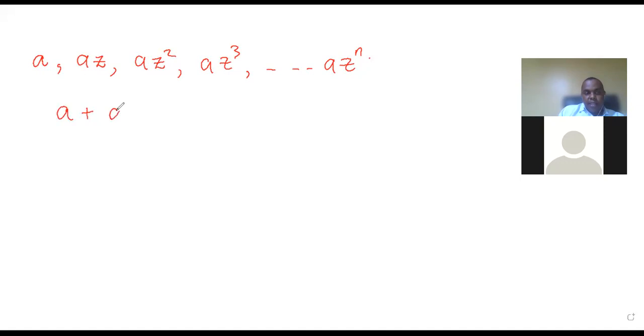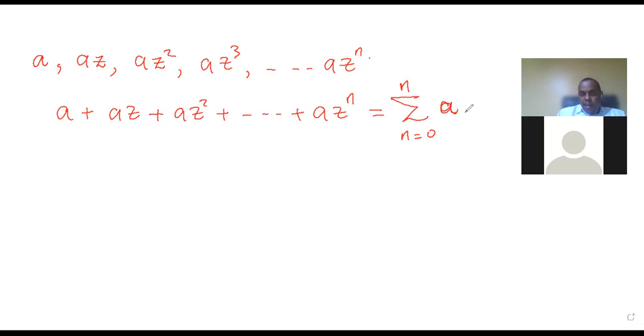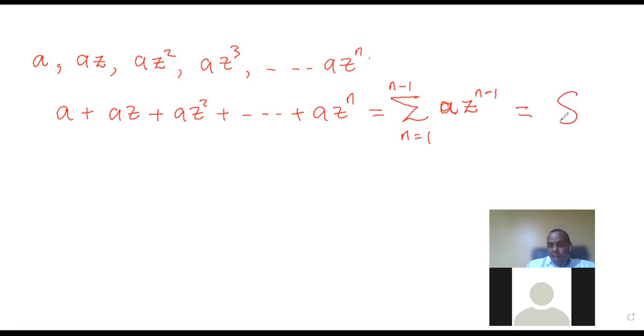We do a plus az plus az squared all the way up to az to the n minus 1, and we can write this sum as a times z to the power n minus 1, summing from n equals 1.